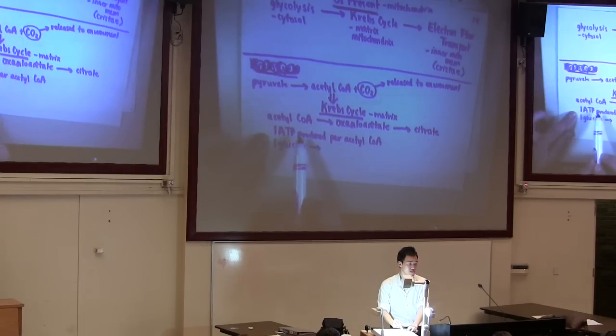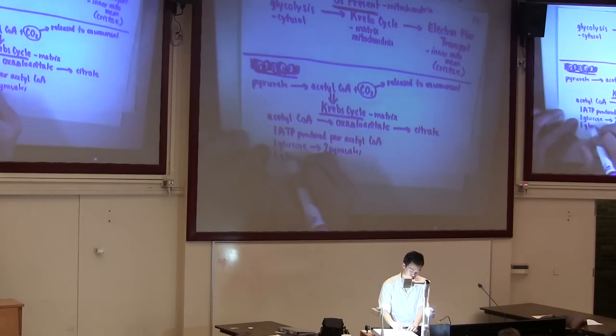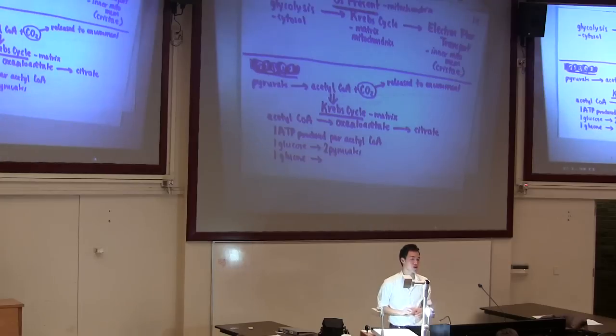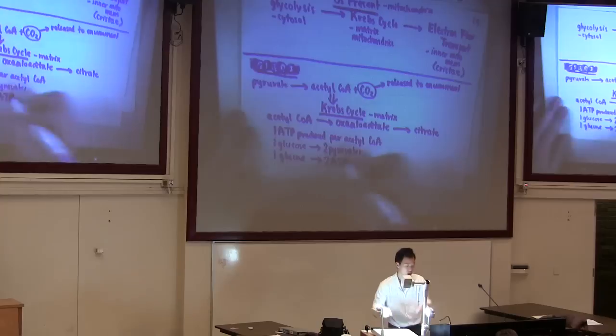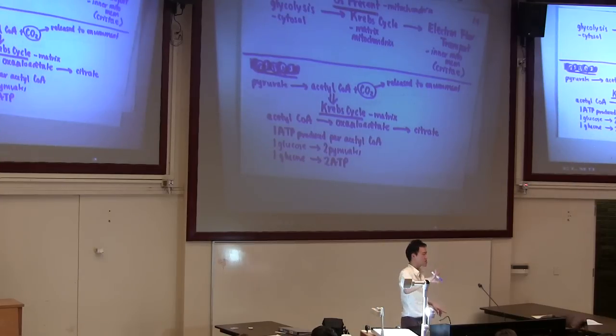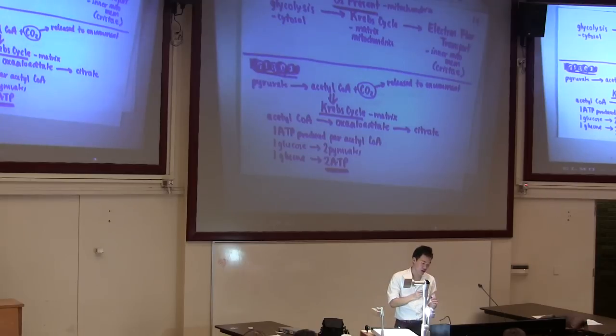You get 1 ATP per acetyl-CoA. So 1 glucose produces how many ATP molecules? 1 glucose gives you 2 pyruvates. Each pyruvate produces 1 acetyl-CoA, so 1 molecule of glucose gives you 2 molecules of ATP. So that's the net result of the Krebs cycle.